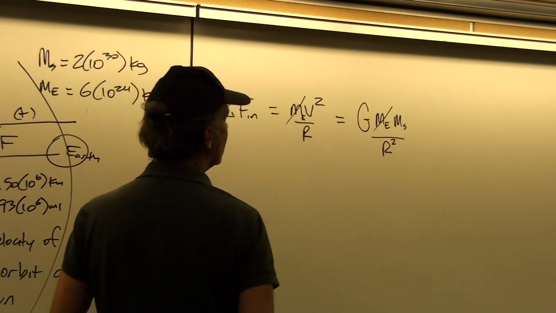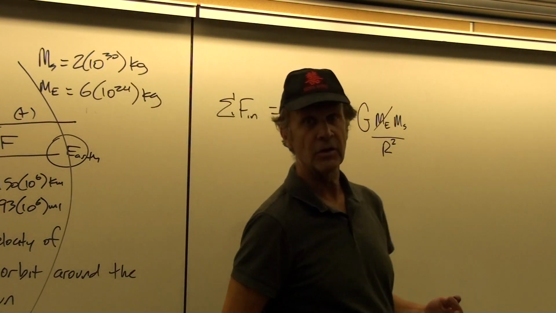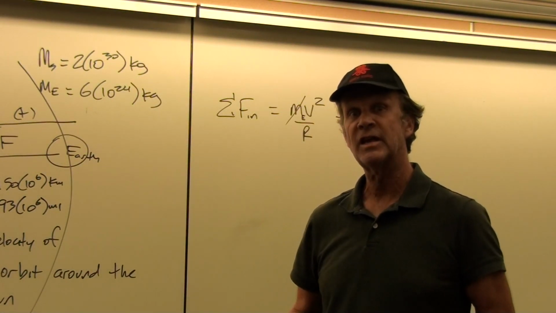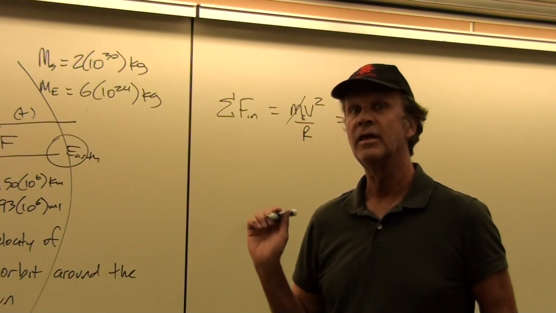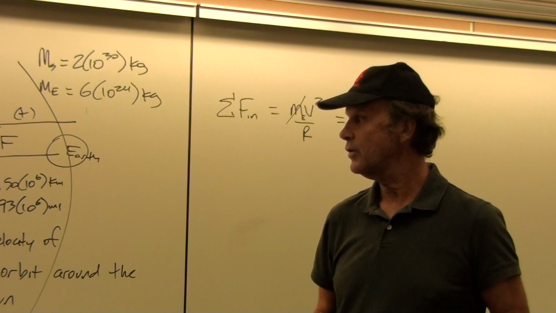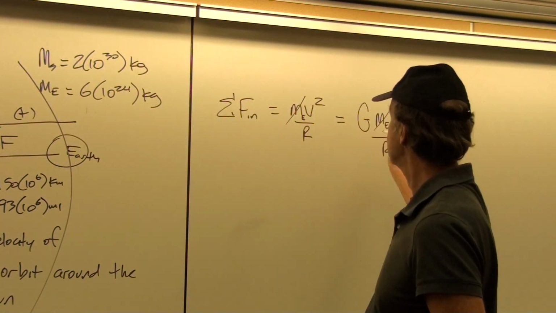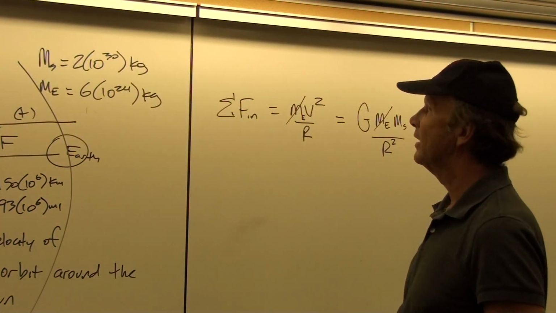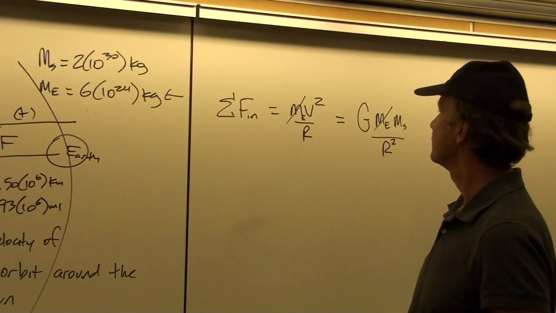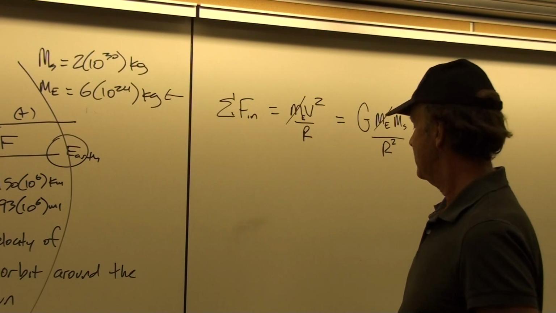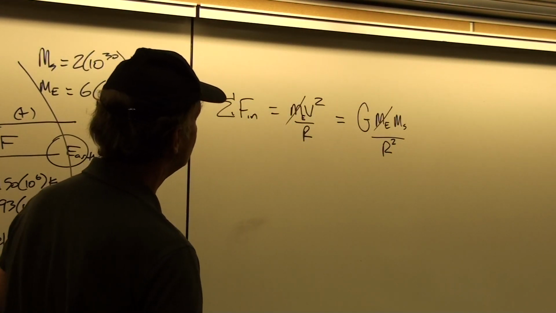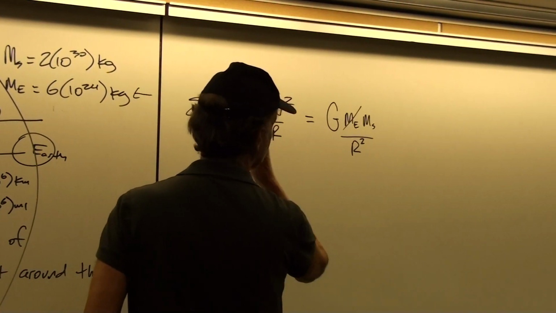And that tells us that any object at the Earth's distance away from the Sun that is moving with the same speed that the Earth is moving with would be in the same orbit that the Earth is in. So the Earth's mass cancels out of the equation, and we didn't really even need the Earth's mass for this problem. I just gave it to you because sometimes in a real life problem you're given more information than you need, and you have to decide what to get rid of.